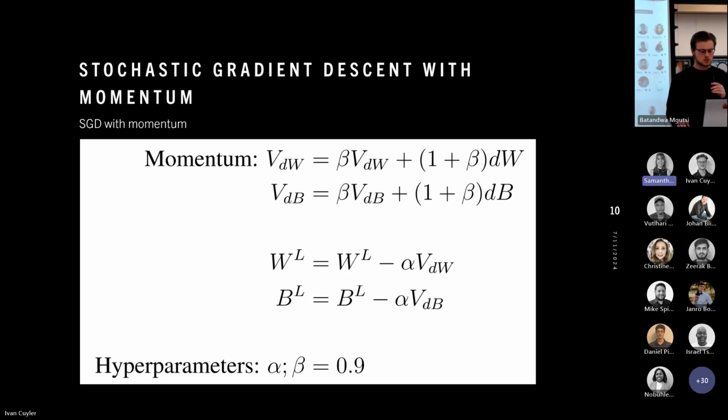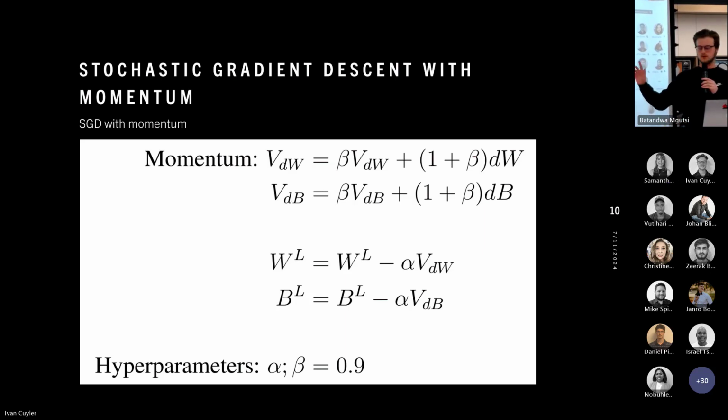We will start with something called momentum, where, as with normal gradient descent, we first just calculate our derivatives. The difference comes in with how we update our weight and bias matrices. So these equations here: we calculate momentum-like components, which are these ones at the top, and we just multiply our learning rate with those.